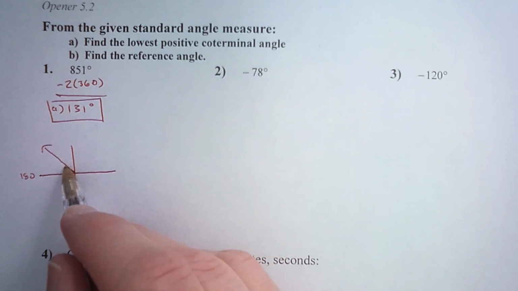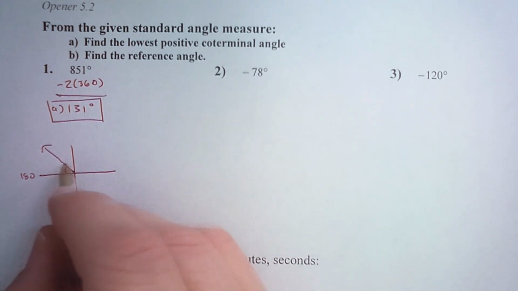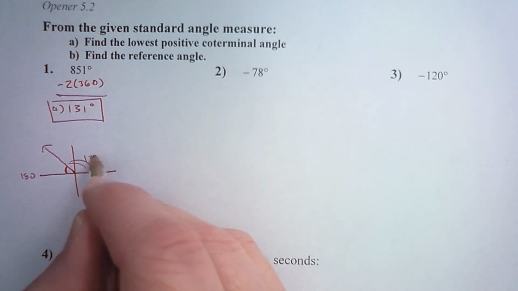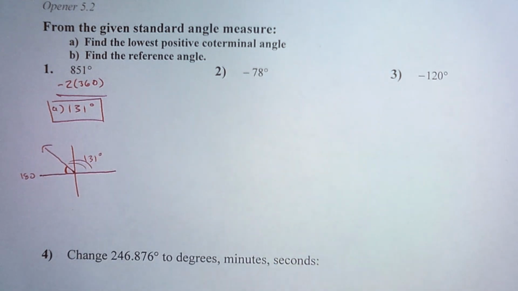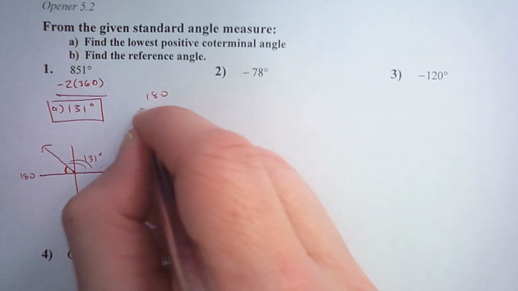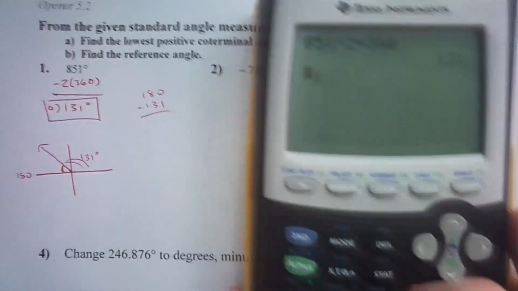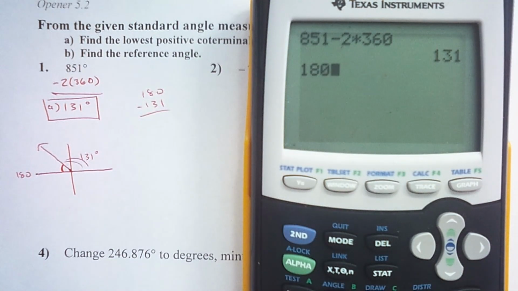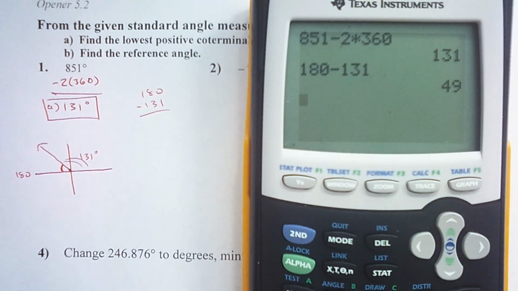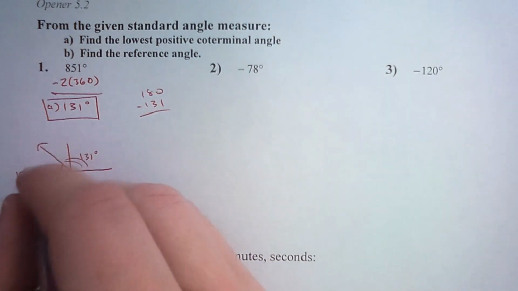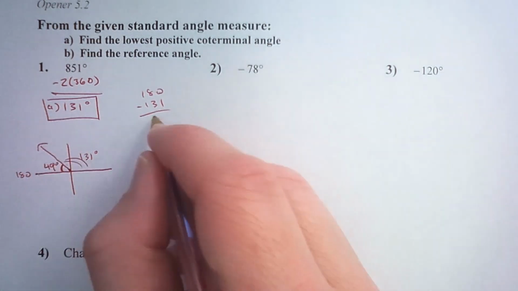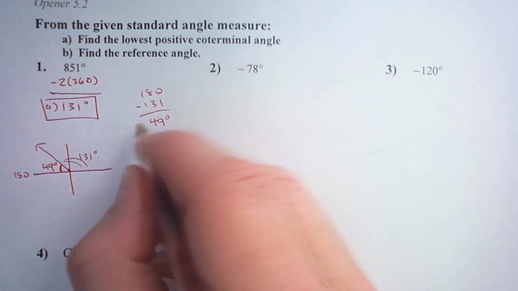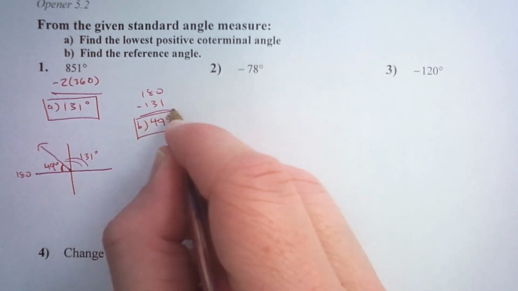I can find this measure by doing 180 minus 131. So I have 49 degrees right here, and that is the reference angle, so that's B.